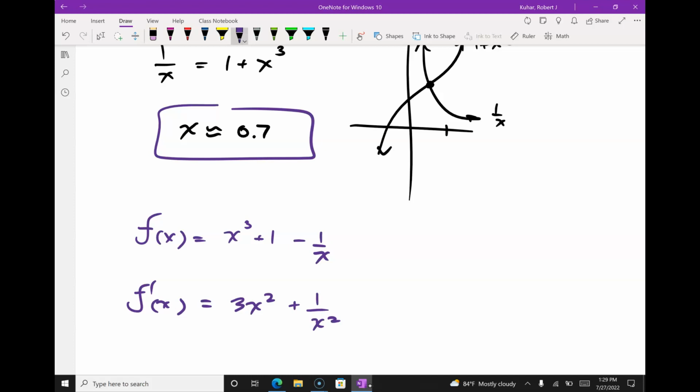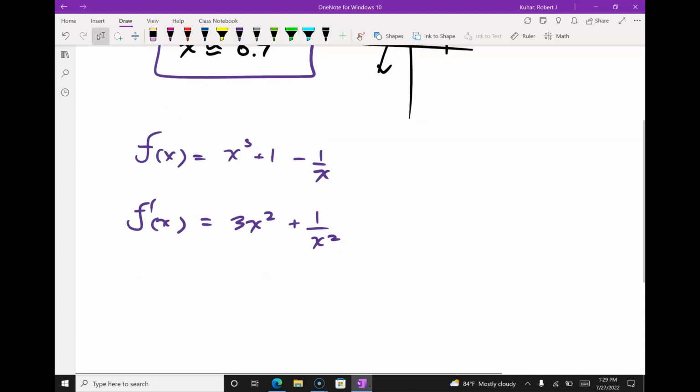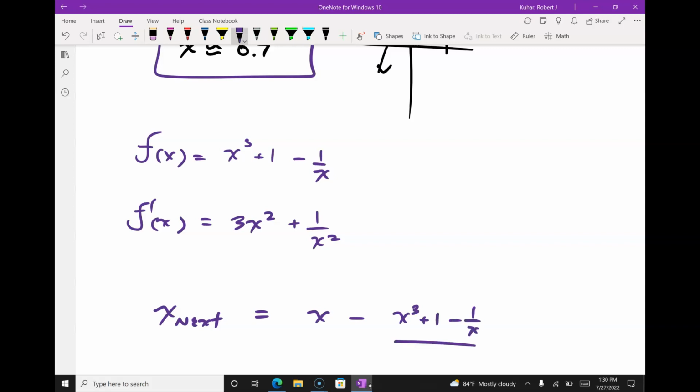Agreed? So x next is going to be x minus f of x over f prime of x.